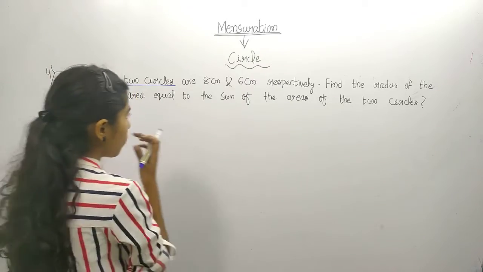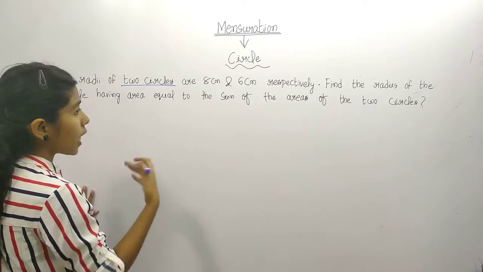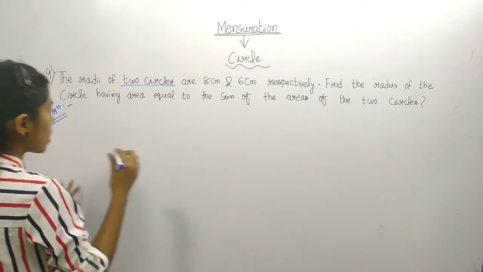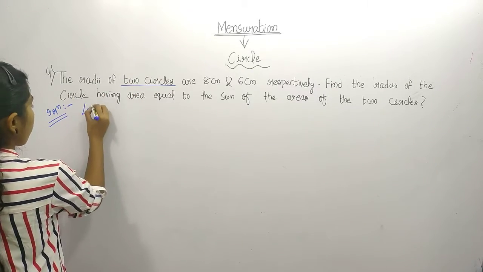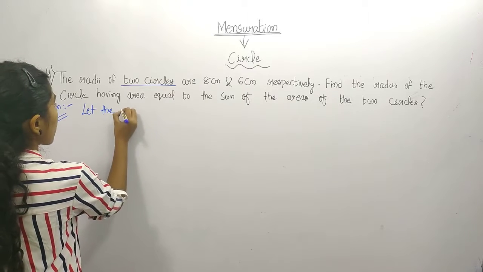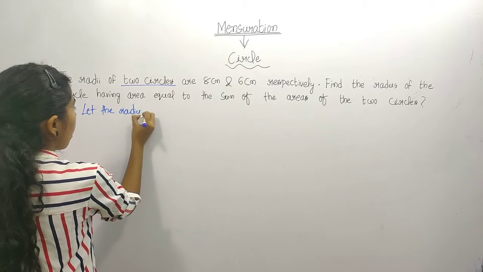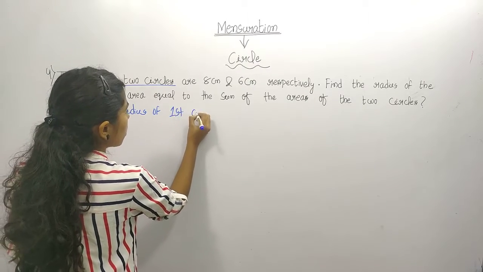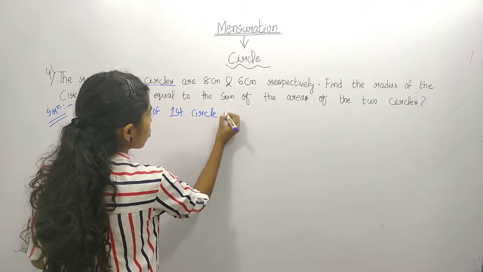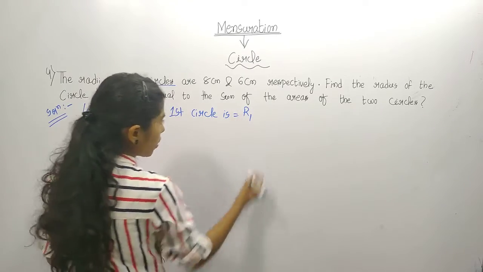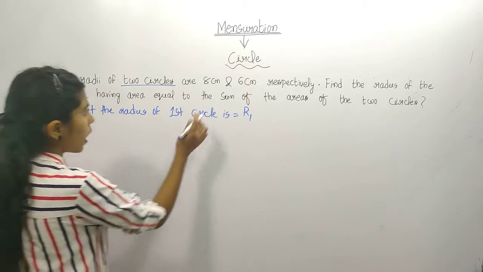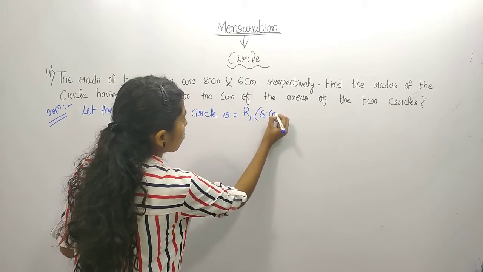Okay. So first we have to know the radius of these three circles to find out the area of those circles. So first, let the radius of the first circle be r1. r1, how much is given? 8 cm.